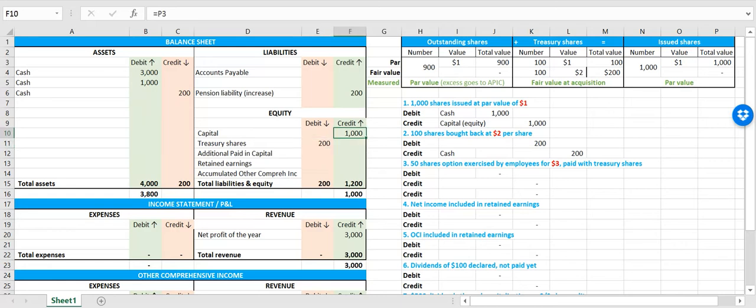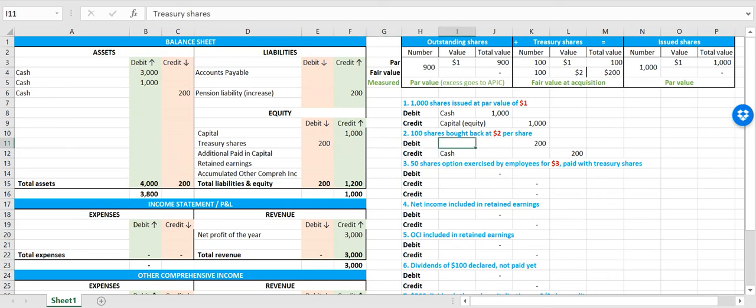This makes sense. We just received 1,000 from our shareholders, so equity goes up. Now we're giving 200 back to our shareholders, so equity goes down. And so what appears here in the treasury shares is the fair value of the shares we bought.